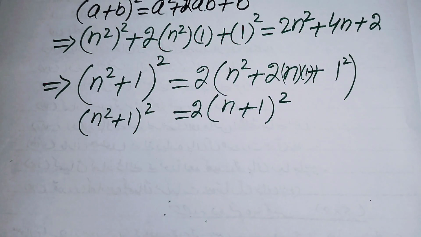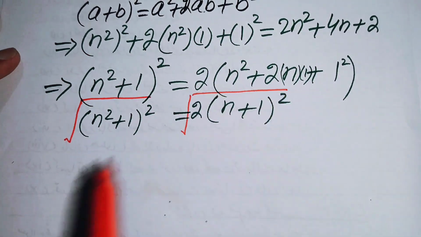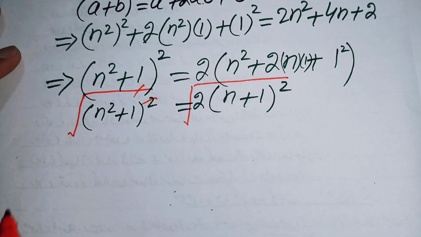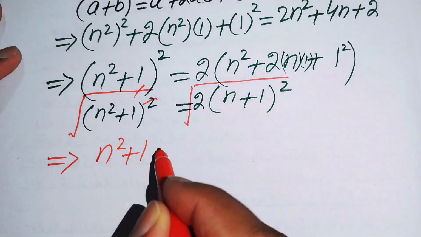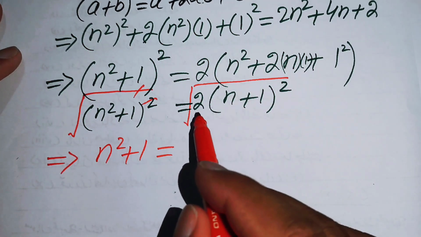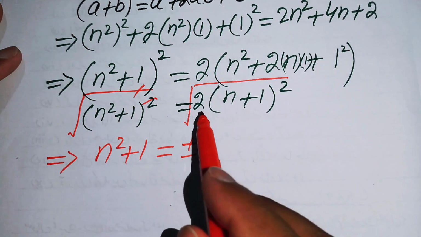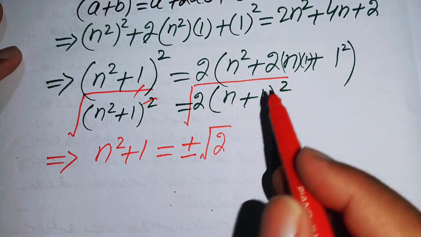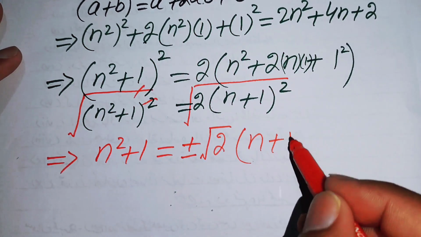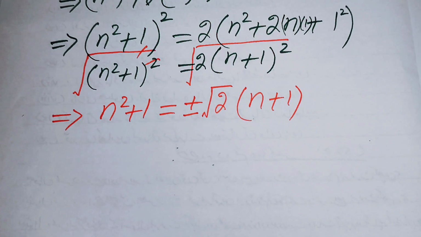Here you see that this 2 and square are gone, and on the left hand side you get n squared plus 1 is equal to, on the right hand side, first you write plus minus because we take the square root on both of the sides, and after that we write this 2 as square root of 2, and this 2 and square root are gone, and here you get n plus 1.